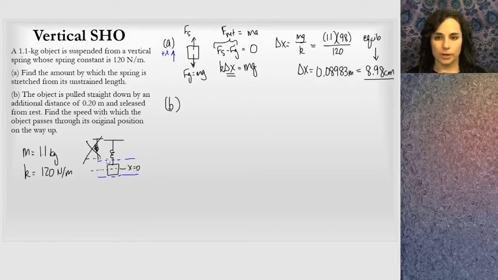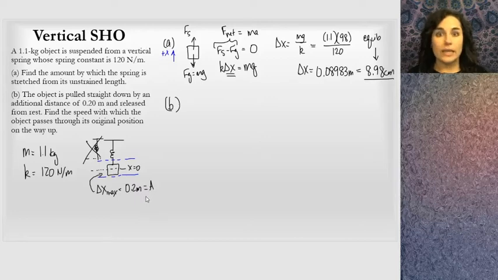position. Okay? So it says the object is pulled straight down, just as I suspected. It's pulled straight down by an additional distance of 0.2 meters, so 20 centimeters. So that's what they're saying is this distance that is stretched out, delta x, and I'm going to call this max, equals 0.2 meters, and this will be the new amplitude for the motion.